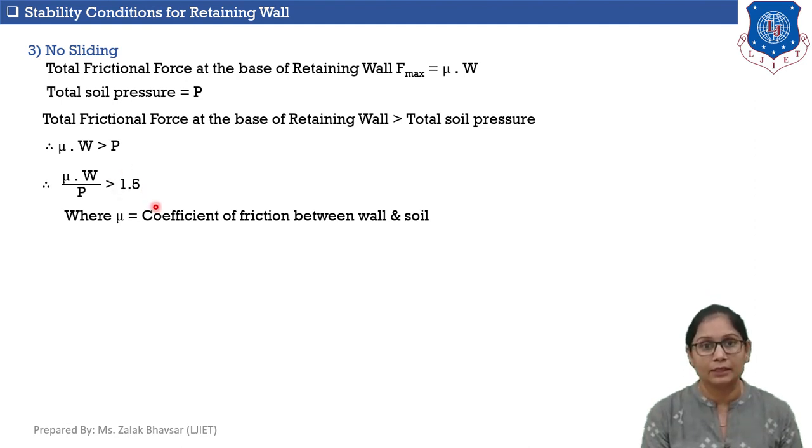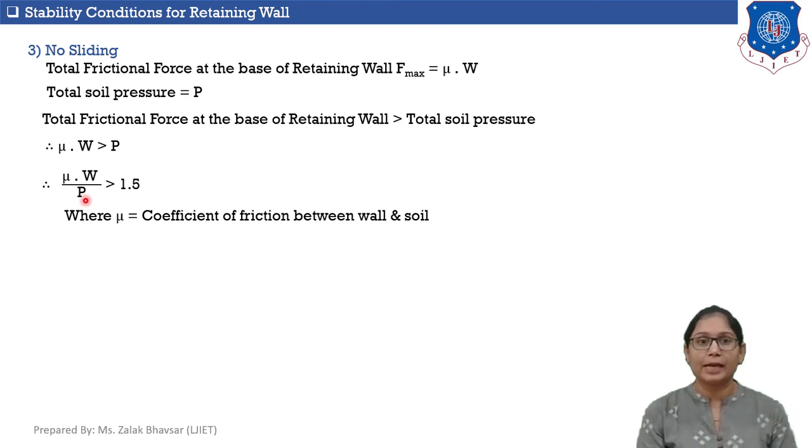Here I am considering factor of safety. So if we calculate mu into W upon P and get a value greater than 1.5, then we can say that the structure is safe against sliding. Here mu is the coefficient of friction between wall and soil.